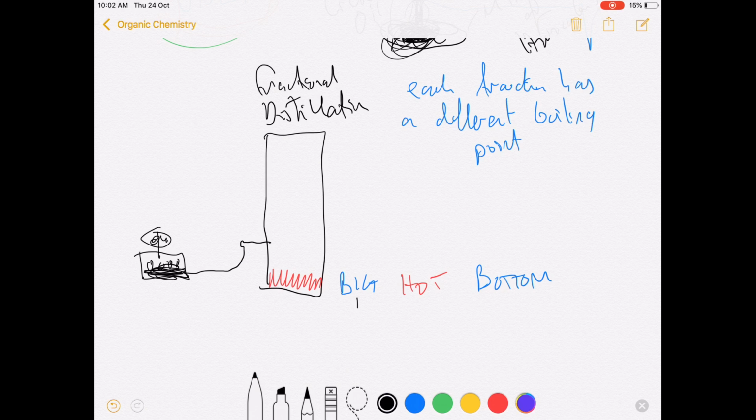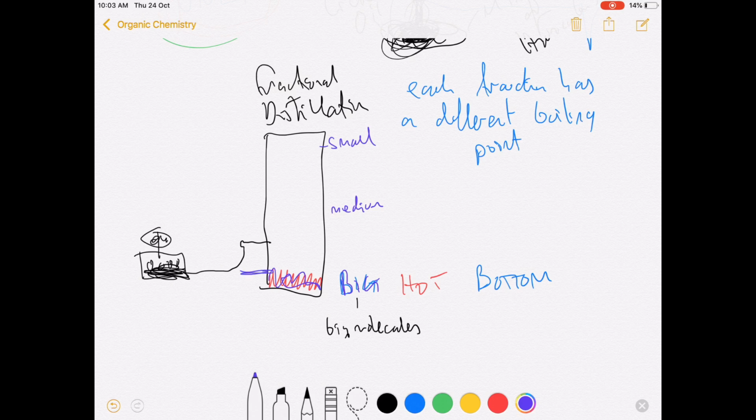Why is it big? Because this is where the big molecules will condense. That means at the top we're going to get the small molecules. Here's the big ones. In the middle we get the medium molecules. We'll get some names on in a second. Big hot bottom, so there's normally a fire or a heating element at the bottom in here.